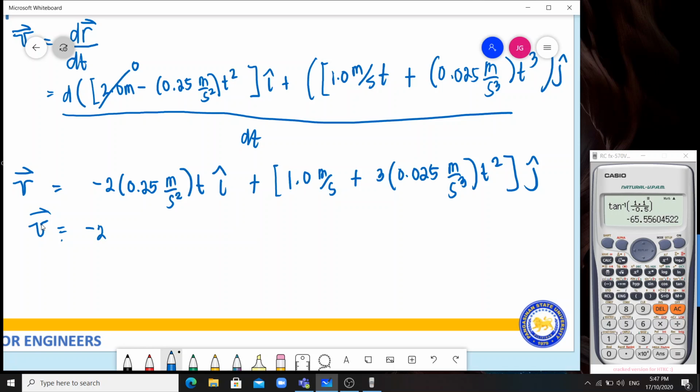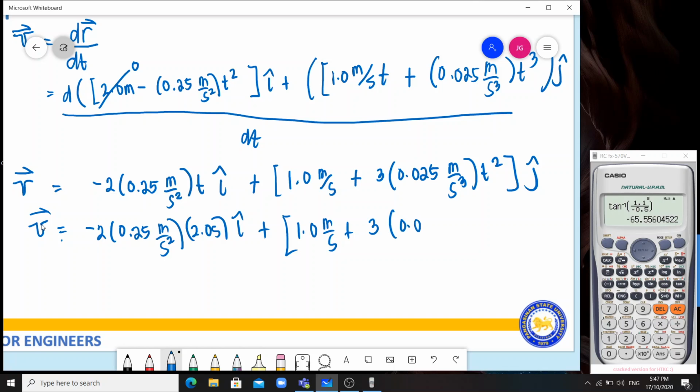So, we just replace t with 2 seconds. So, negative 2 times 0.25 meter per second squared times 2.0 seconds, i, plus 1.0 meter per second, plus 3 times 0.025 meter per second cubed times 2.0 seconds squared, j.